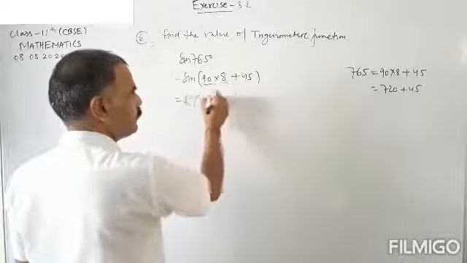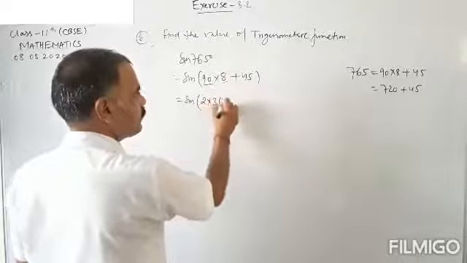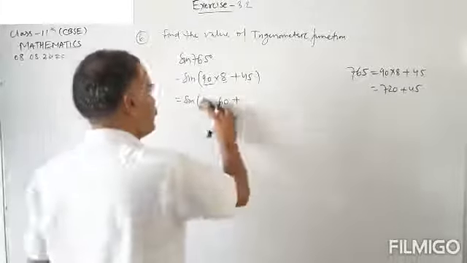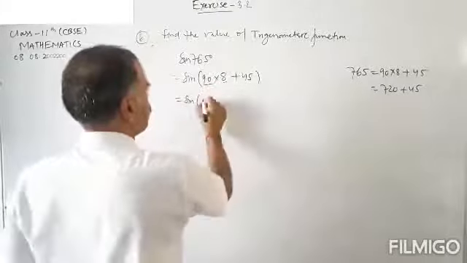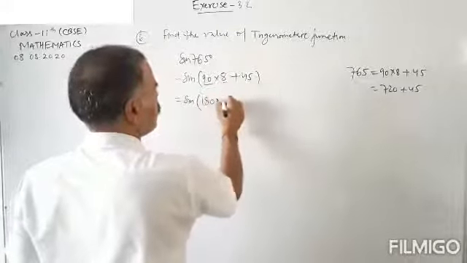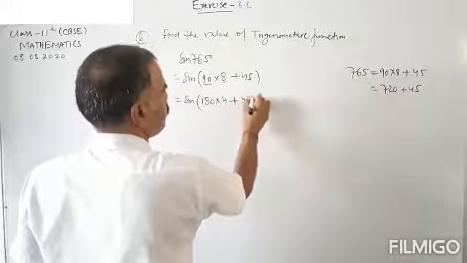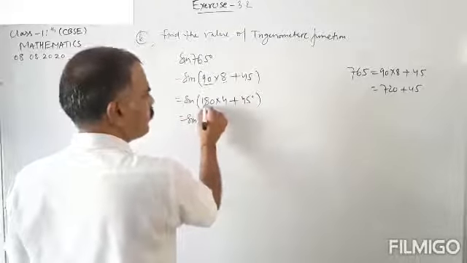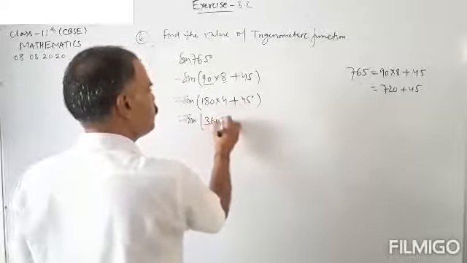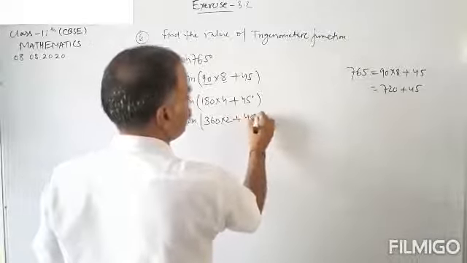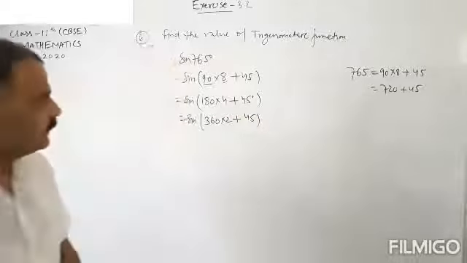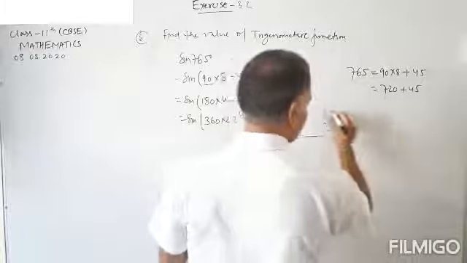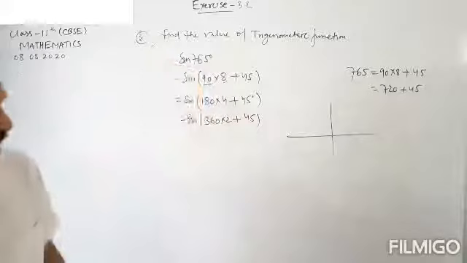Now this 90 into 8 can be written as 2 into 360. Firstly write it as 180 into 4 plus 45. Then write it as 2 into 180, that is 360 into 2 plus 45. Okay, so 360 into 2 plus 45. Now draw a quadrant.